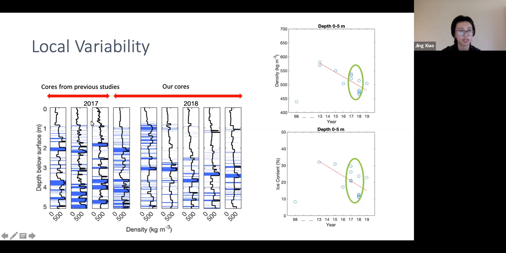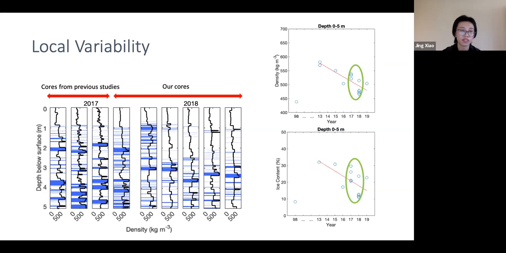The left 3 2017 cores were drilled by another team. They're also close to each other. And the right 2017 core was drilled by our team. So for the 2017 cores, although they are at the same site, they may have some distance between them.